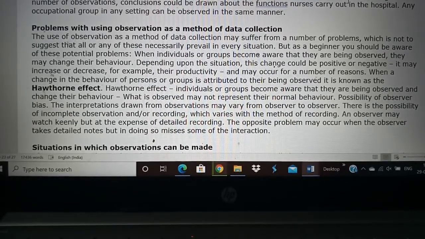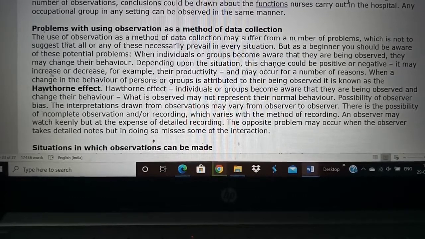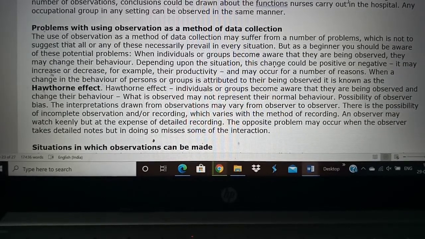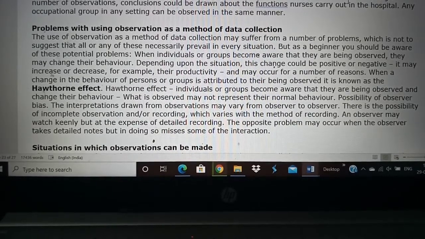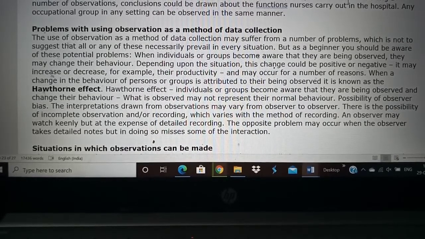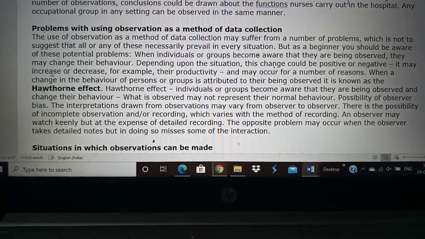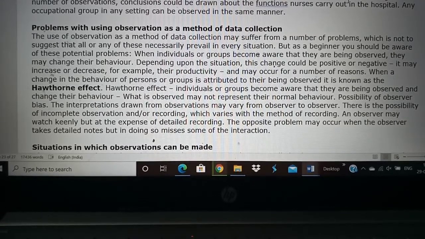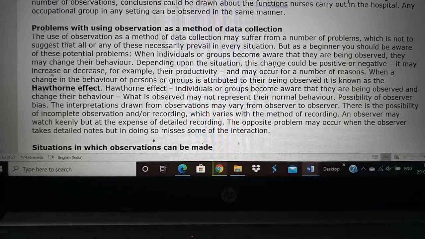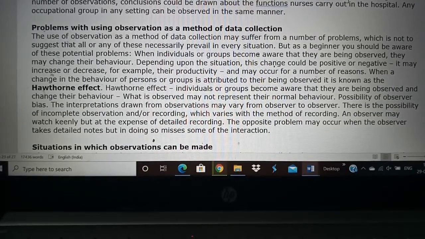See, another example is if you are looking at the functioning of a nurse or a doctor and seeing if they are behaving well with the patients. Okay, as soon as the nurse or doctor knows that you are doing a research study on their behavior with patients, they will behave very well with the patient. They will be very kind, they'll be smiling all the time, and they will interact with the patient. So in your research, what will your conclusion be?